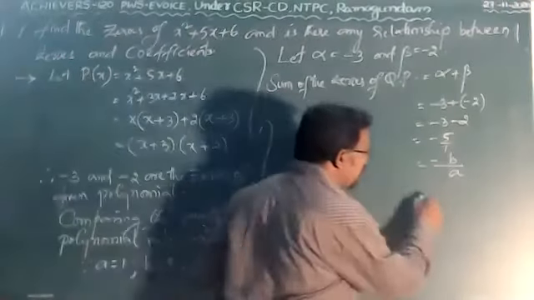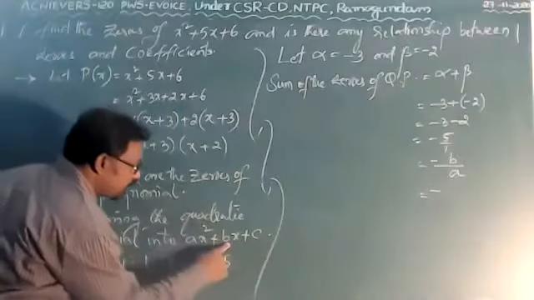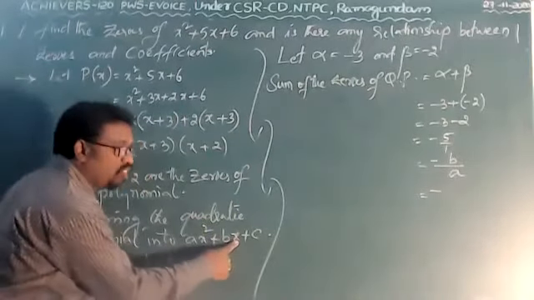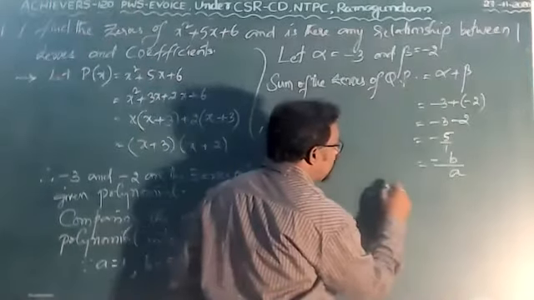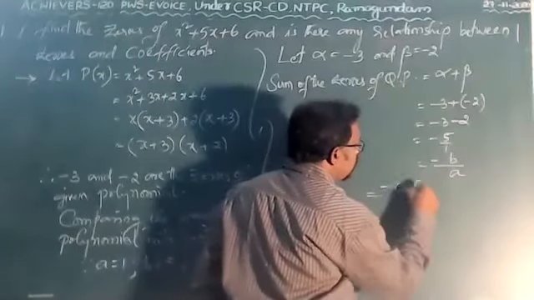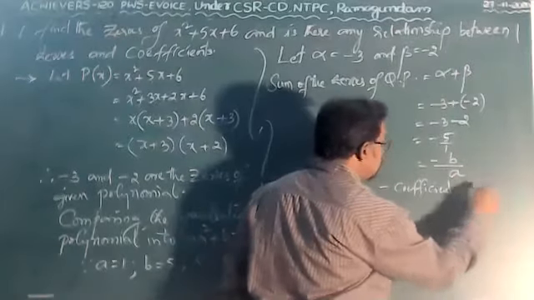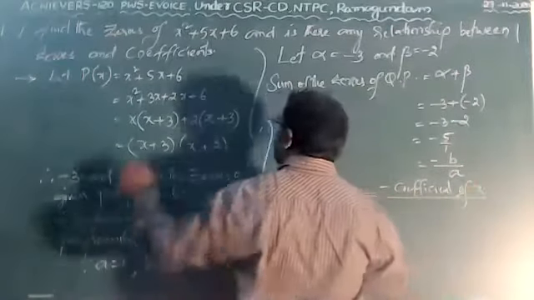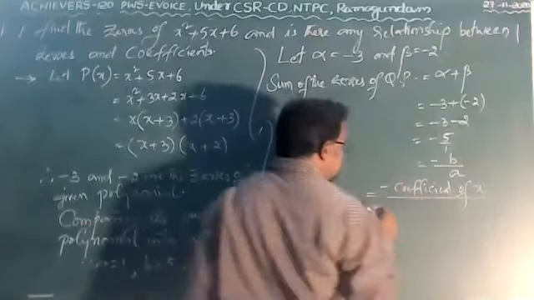Here you can write minus b by a. What is b? The coefficient of x. What is a? The coefficient of x square.